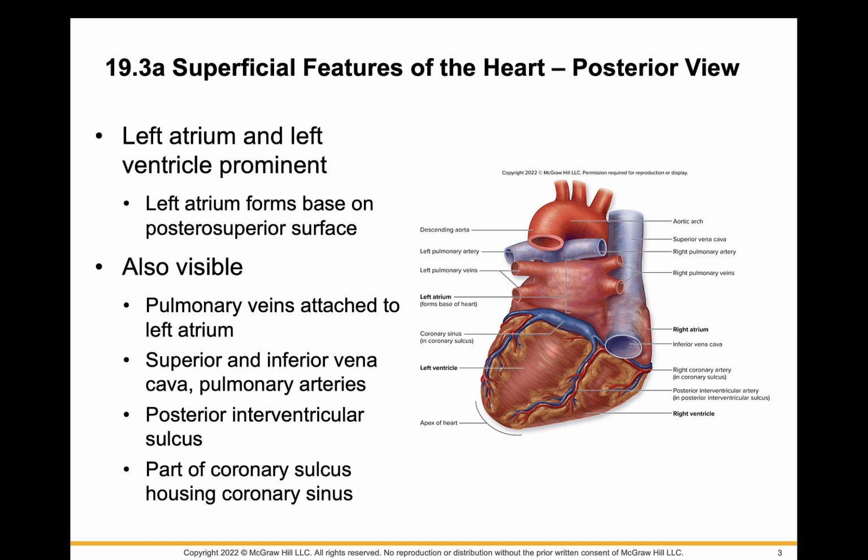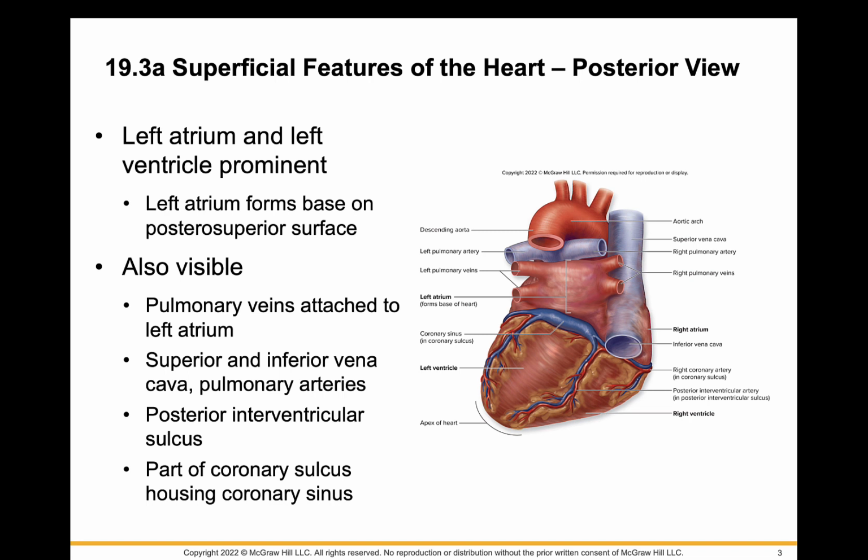Now, as noted, I do not consider the atria and ventricles to be predominantly visible from the outside, as they are chambers, unlike what our textbook says. But here we're looking at the posterior view of the heart. Some things that are more visible from the backside are many of the vessels.